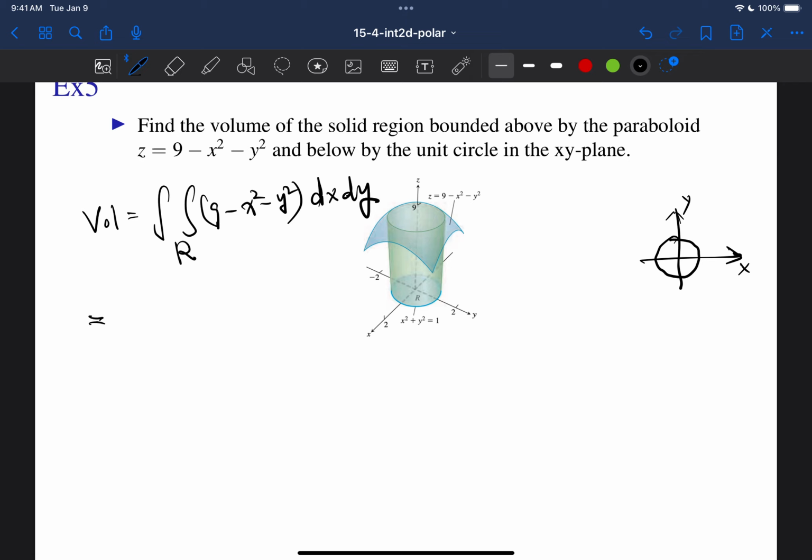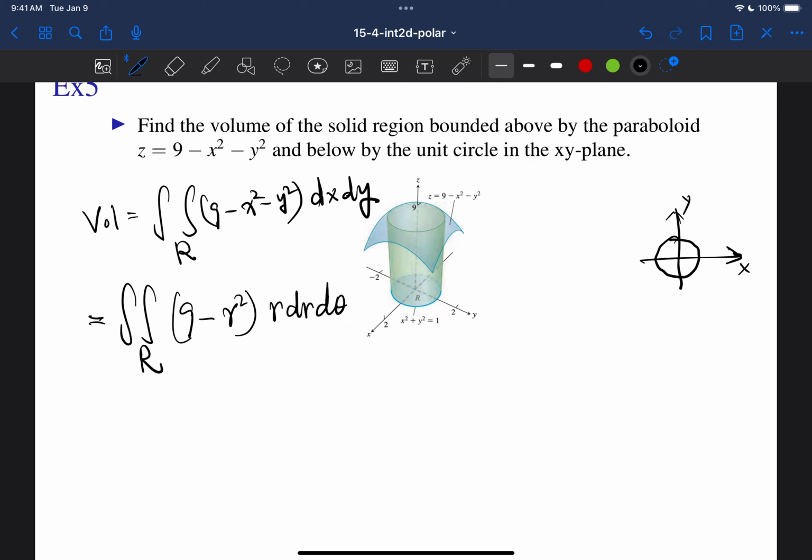And because here we have 9 minus x squared plus y squared, this gives us the chance to try polar coordinates, which may simplify the computation. So r stands for this unit circle, and 9 minus x squared plus y squared is 9 minus r squared, and dx dy is r dr d theta.